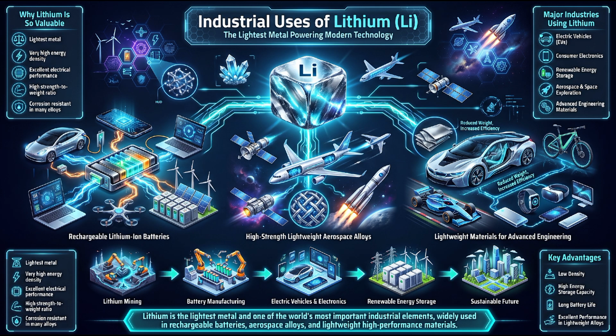It is widely used in rechargeable lithium-ion batteries, electric vehicles, renewable energy storage systems, aerospace alloys, advanced engineering materials, heat-resistant glass and ceramics, industrial lubricants, nuclear technology, and numerous consumer electronic devices. These remarkable properties have made lithium an indispensable material in modern industry, driving innovation, supporting clean energy technologies, and playing a central role in building a more sustainable future.